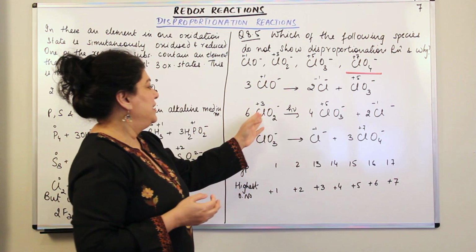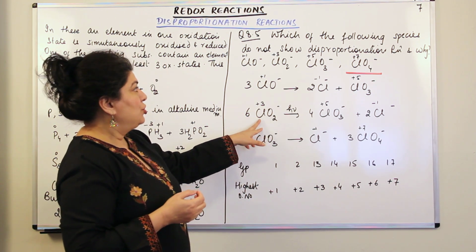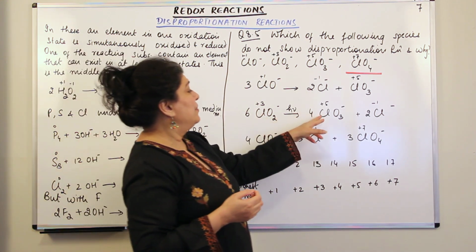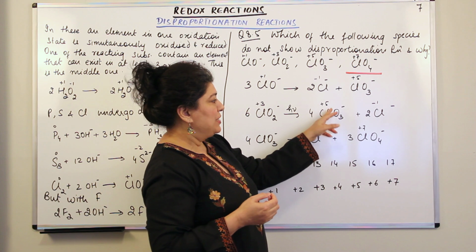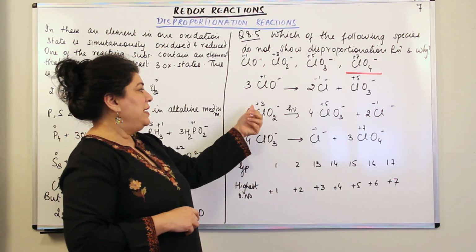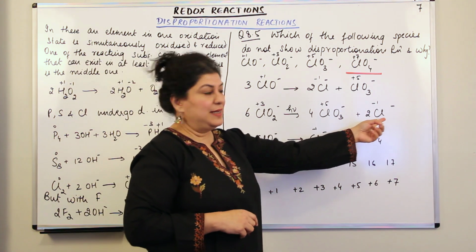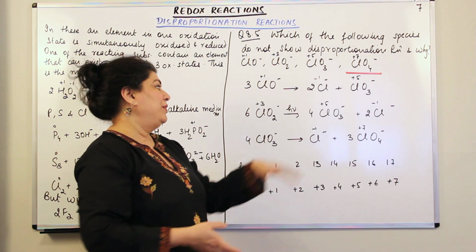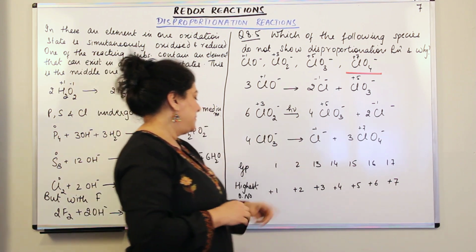Second example, you have ClO2⁻. Here the charge on chlorine is +3, and it results in the formation of ClO3⁻, which is +5, and Cl⁻, which is -1. So from the +3 state, it is going to -1, it is getting reduced. From +3, it is going up to +5, therefore it is getting oxidized in this case.